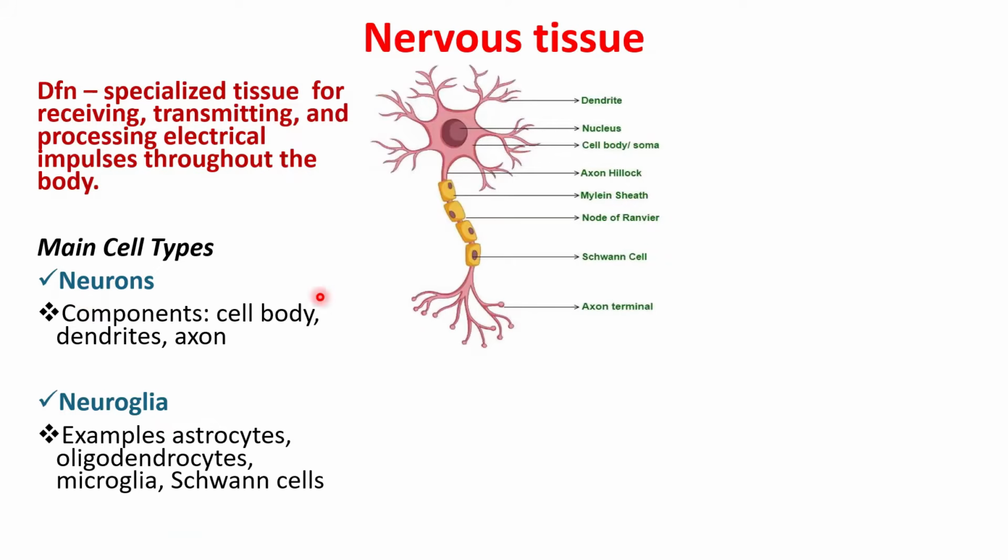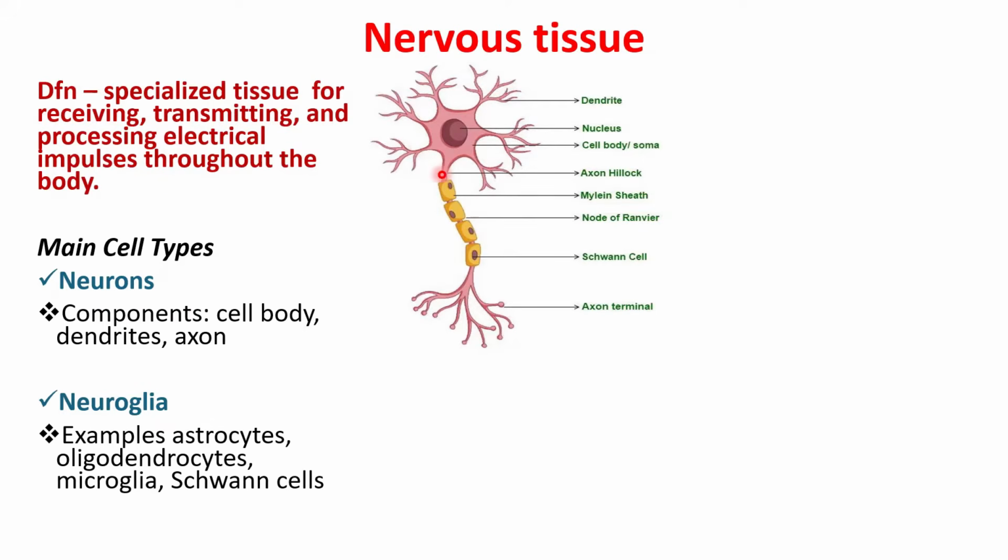A neuron, for example the one you're looking at, has various parts. It has a cell body or soma, which has a nucleus in it, and a couple of dendrites on it. The cell body is connected to the axon and the axonal terminal, and it is covered by Schwann cells.